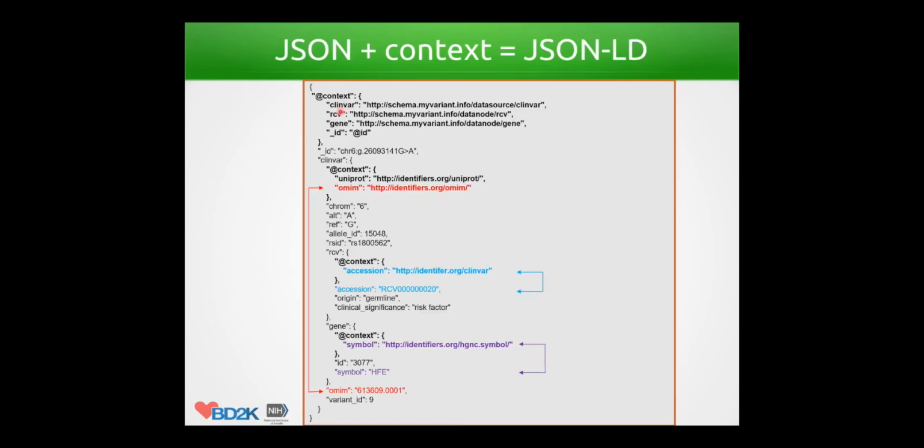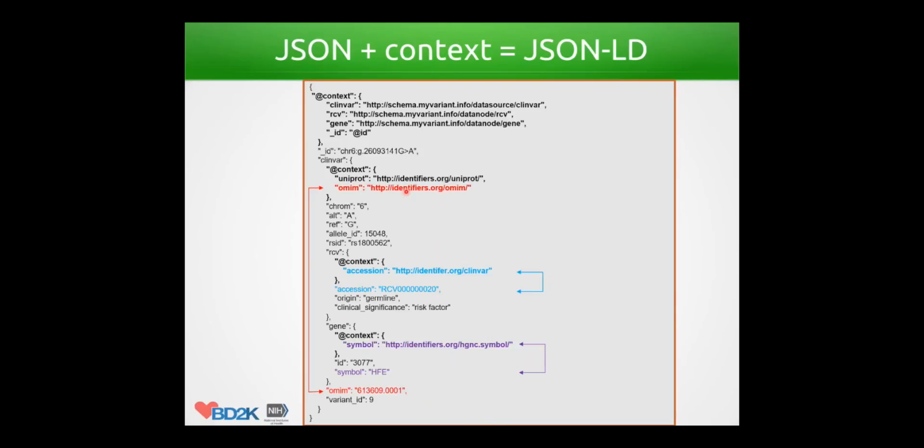For example, this ClinVar is actually called a data source in MyVariant.info. So we have ClinVar here, and under ClinVar you can see another level of context defining all the attributes under ClinVar. For example, we have ARM ID under ClinVar. Then we tell it, okay, this ARM attribute is actually the ARM identifier.